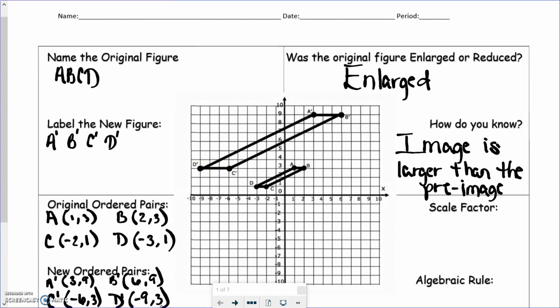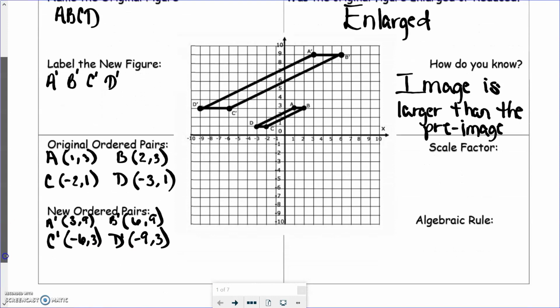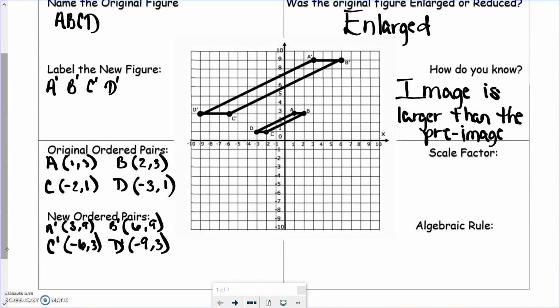So now I have to find my scale factor. Okay. So we can clearly see our ordered pairs got larger as well. So remember, in order to find our scale factor, we choose a coordinate pair and we do our new over old, so our new over our original.